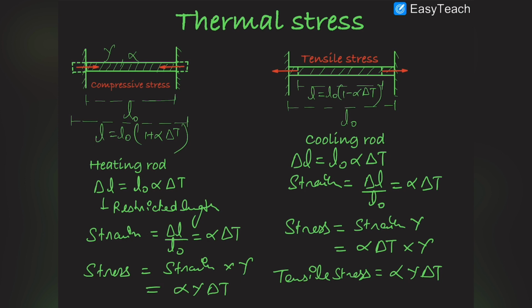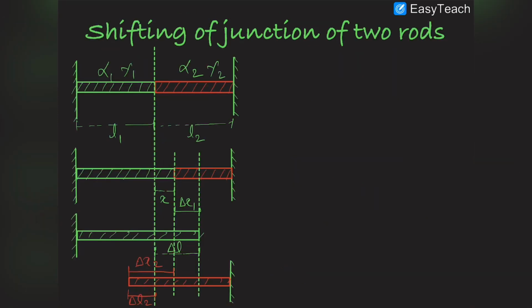Okay, now let us assume a situation in which there are two rods which are connected to each other in series and they are clamped at their other ends. So you can see that we have assumed that there is a rod of length L1 and another rod of length L2.